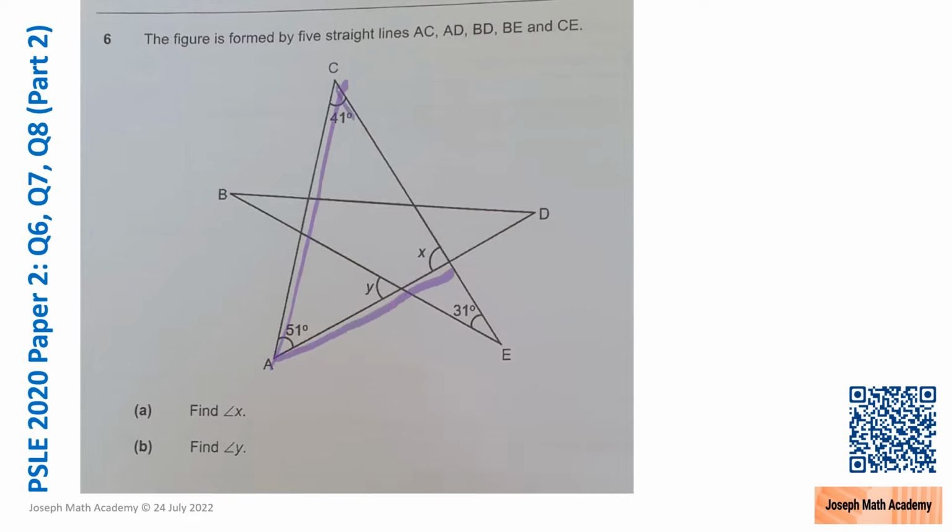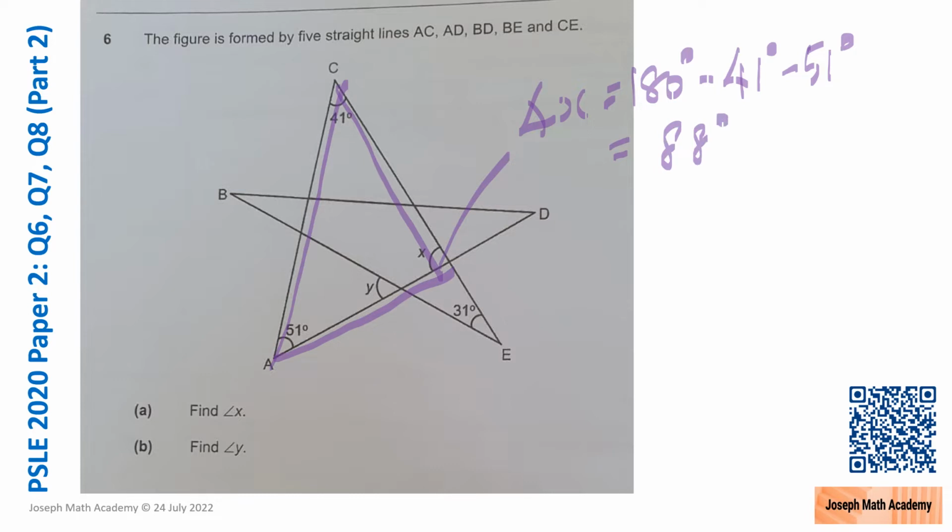This purple triangle immediately tells us the value of angle X. Angle X is 180 degrees subtract 41 degrees subtract 51 degrees. Angle X is found, 88 degrees. So A is completed.